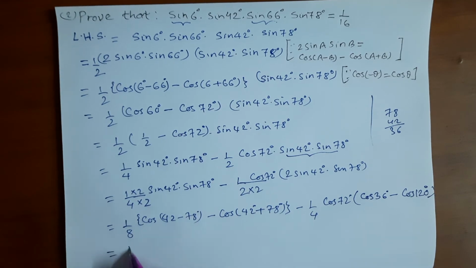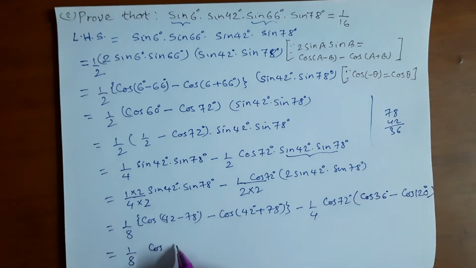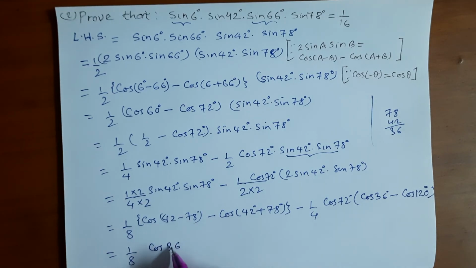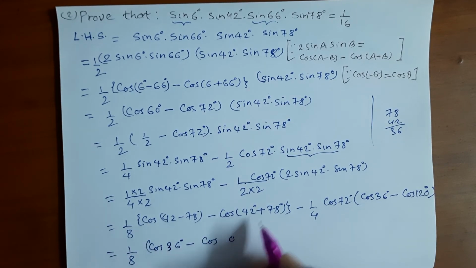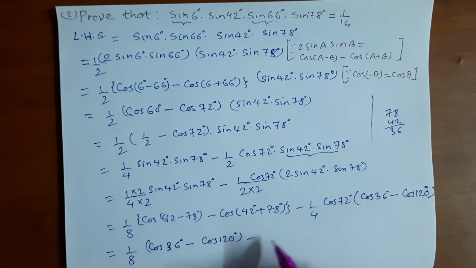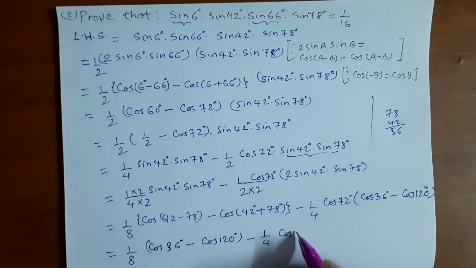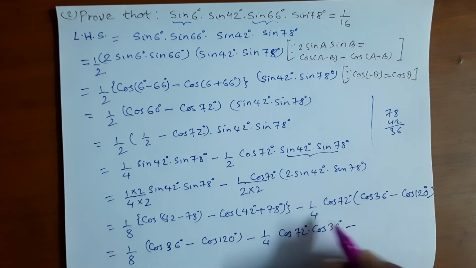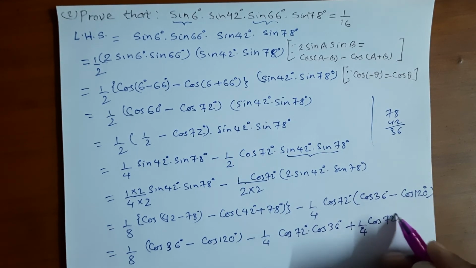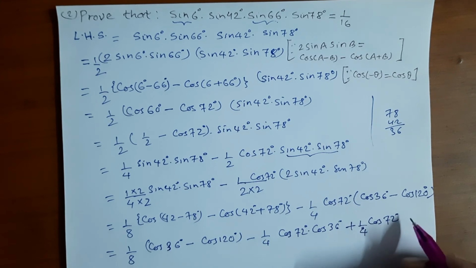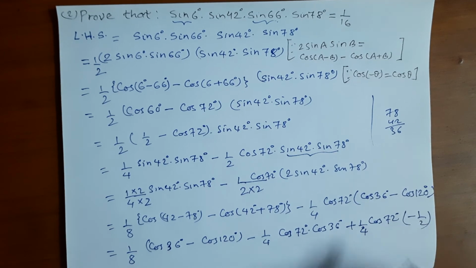Okay, so now 1/8 [cos 36 degree minus cos 120 degree] minus 1 over 4 cos 72 degree cos 36 degree, minus times minus to be plus 1 over 4 cos 72 degree, and this cos 120 degree value is minus 1 over 2. We can write that.